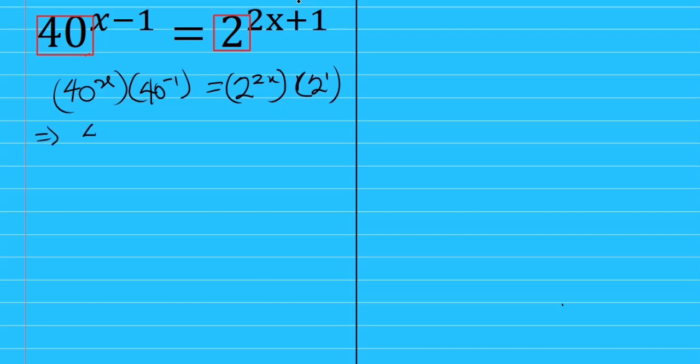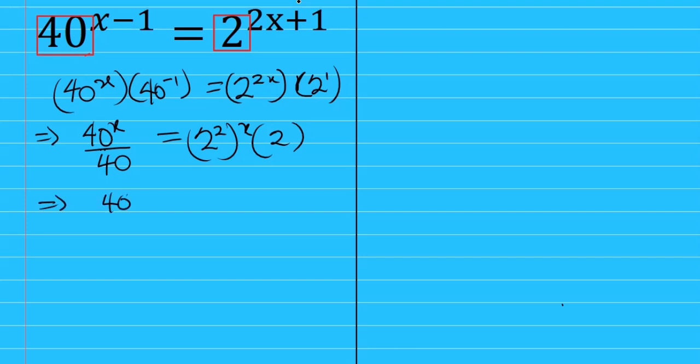We're going to have 40 to the power x out of 40. Remember, we have changed this one to this, and then we're going to have 2 to the power 2x multiplied by 2.